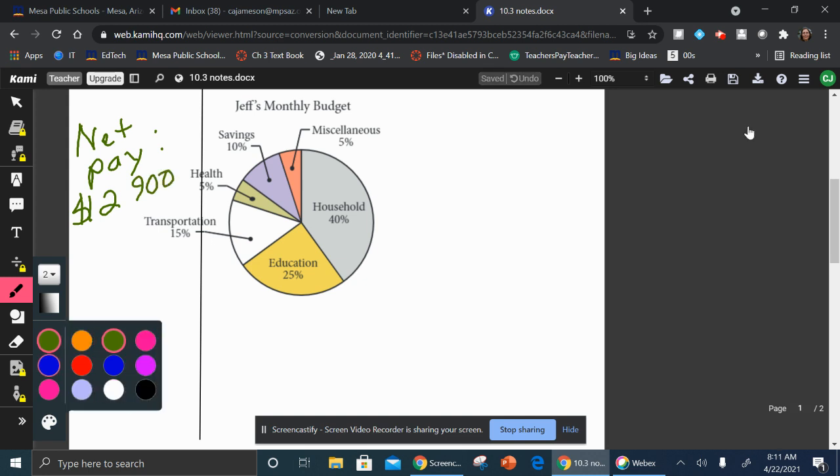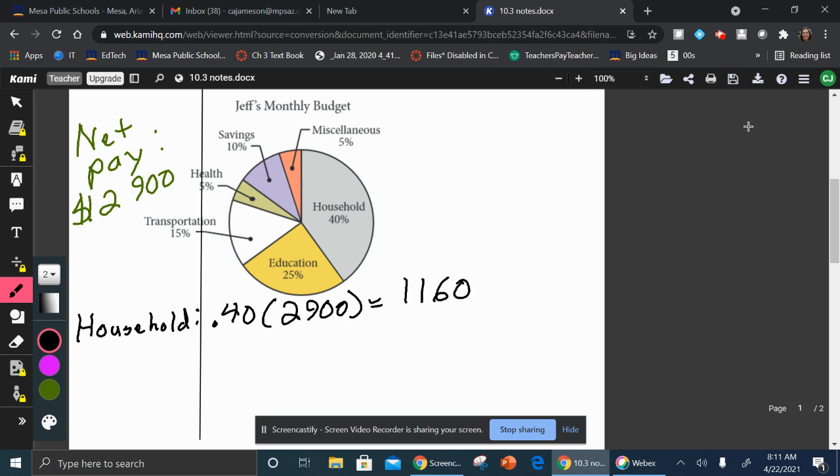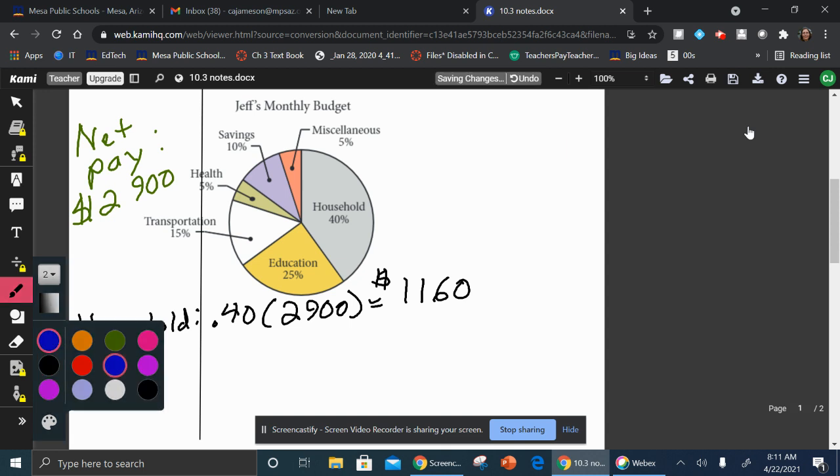So for the household, 40% as a decimal times the total net pay, the 2,900, gives $1,160.